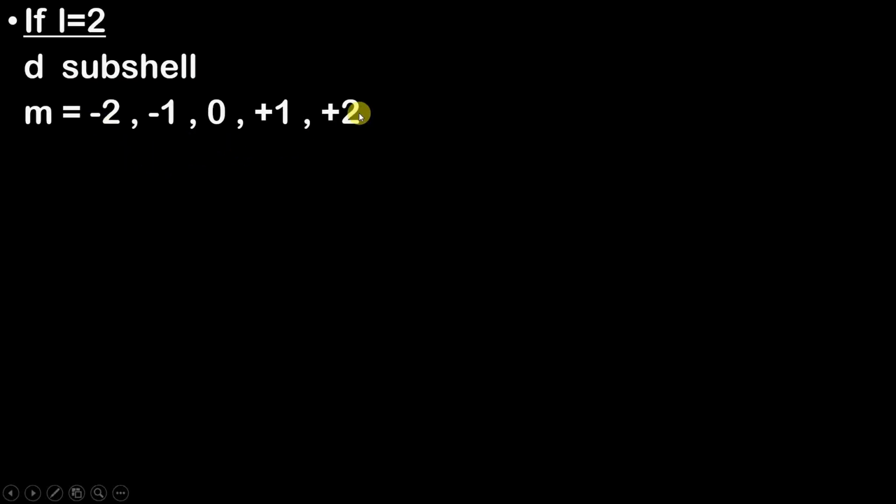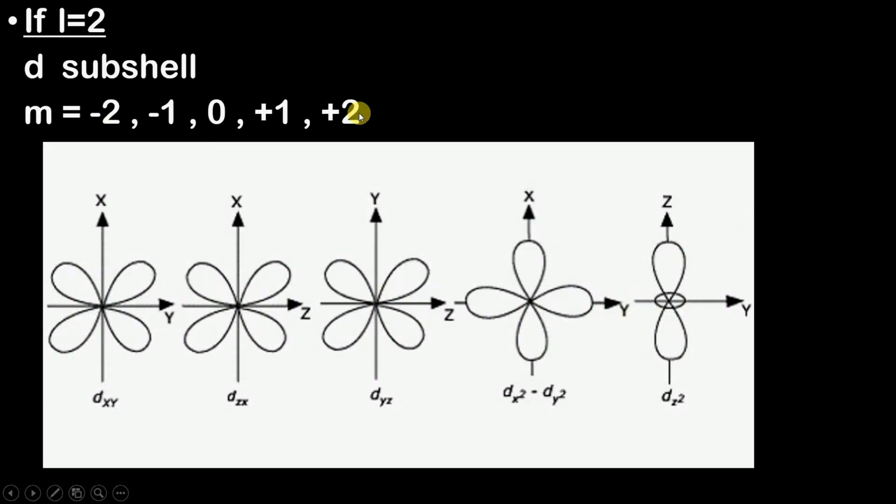And which are those orbitals? Let's understand them first. The dxy orbital, the dzx orbital, the dyz orbital, the dx square minus dy square orbital, and dz square orbital. Now why is it being named as dxy?